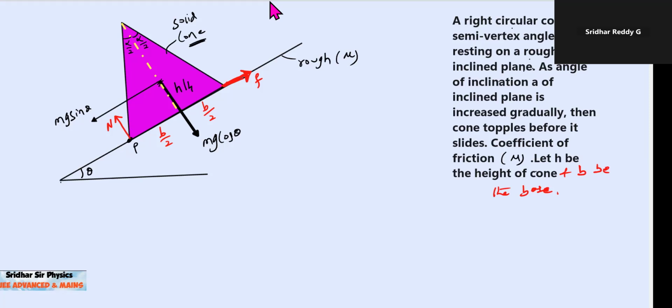Okay, we'll start the problem. Net torque about point P should be zero. Which forces will set up a torque? Torque due to mg sin theta will act like this, and this is h by 4.